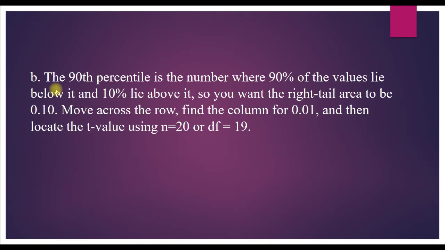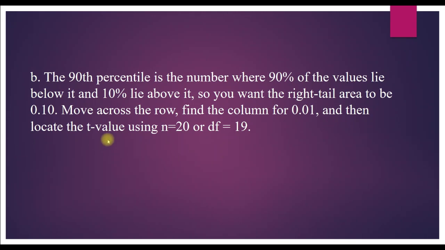Next is letter B. The 90th percentile is the number where 90% of the values lie below it and 10% lie above it. So you want the right tail area to be 0.10 and then move across the row, find the column for 0.10.